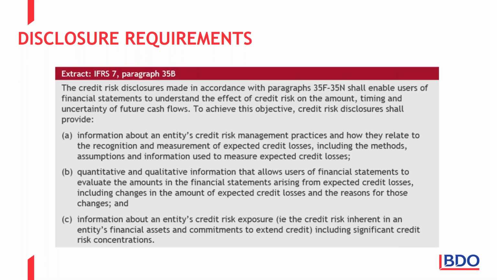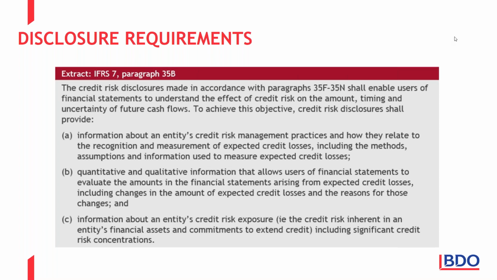But where the changes come is you're really trying to reconcile that now with the expected credit loss model that actually recognizes a loss provision, and that's where, for example, quantitative and qualitative information in part B is required. Essentially, how do you reconcile your credit risk management practices to your expected credit losses, and then in C, where's your exposures and where are your significant credit risk concentrations?